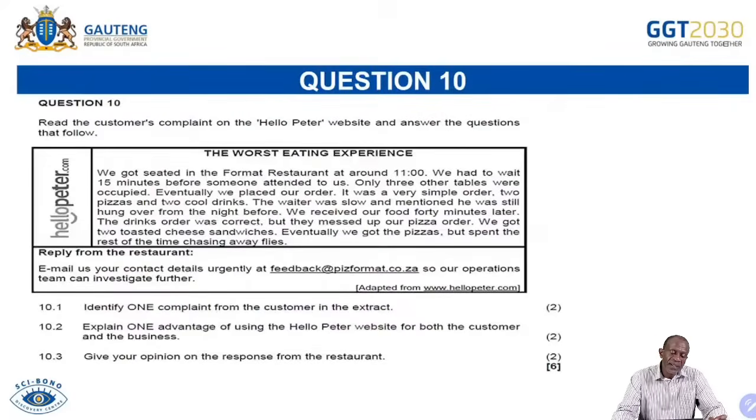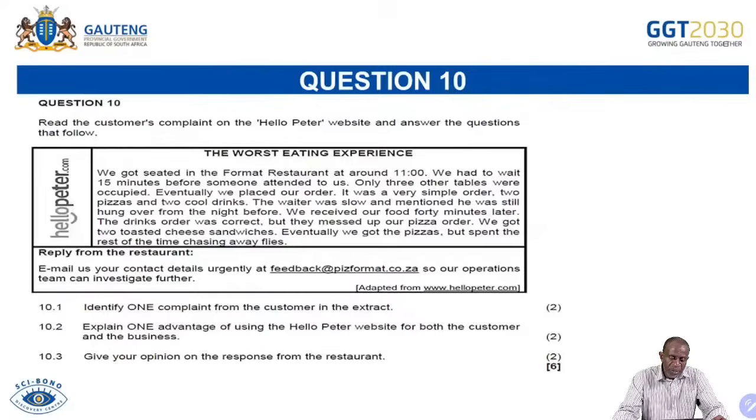Your question 10, this is one example of your question 10. It says, read the customer's complaint on the Hello Peter website and answer the questions that follow. The worst eating experience, that is from Hello Peter. We got seated in the formal restaurant at around 11 hours.